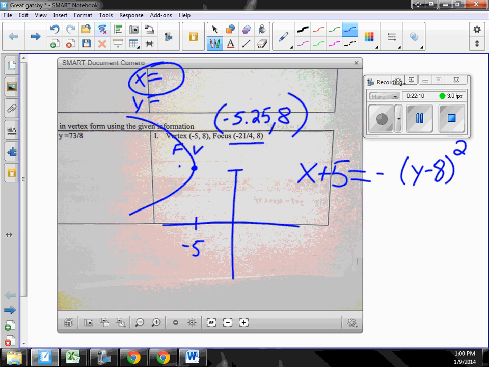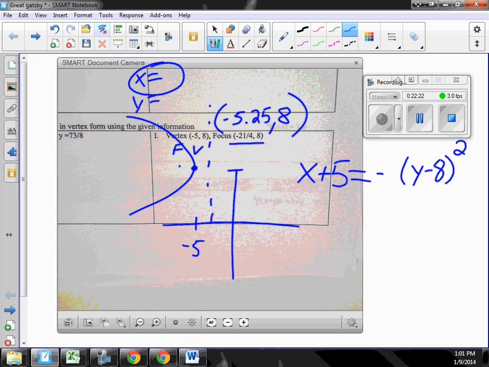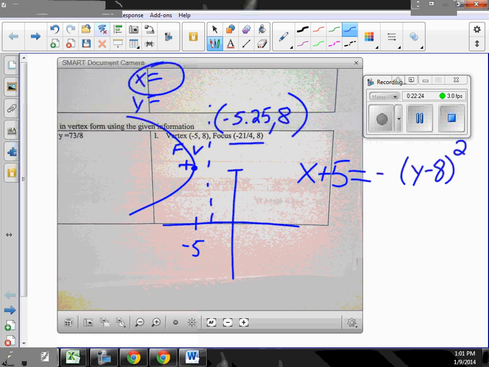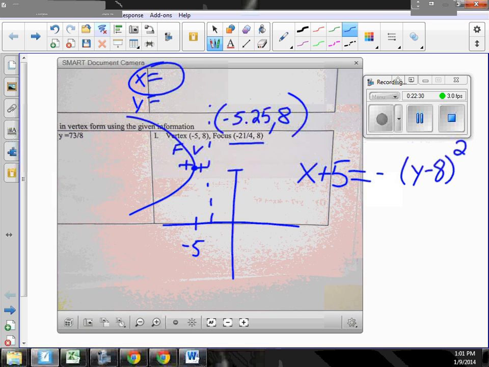So what do I need to find a? Well, the directrix is going to be right here, but the distance from focus to vertex is exactly the same as that distance. So calculating the directrix would take more time. We don't really need to. We need the focal distance.